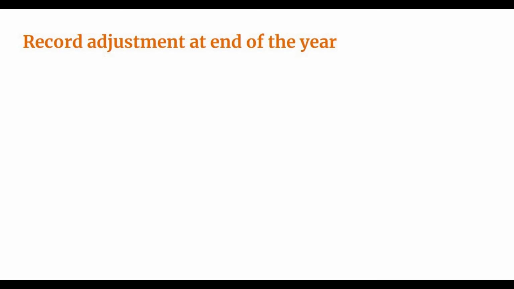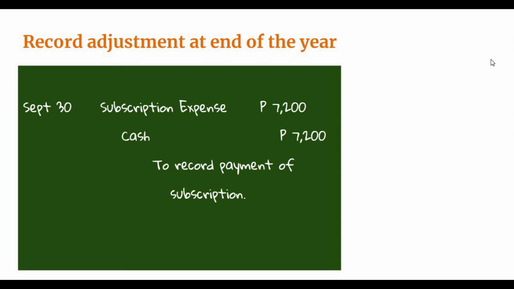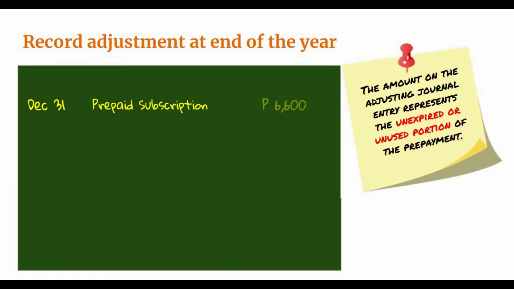If we recorded the previous transaction as an expense, as shown on your screen, we are going to be adjusting it using the unexpired portion. So on December 31, we recognize an asset which is prepaid subscription, and using the unexpired amount or unused portion, which is 6,600, meaning there is a subscription still available worth 6,600.